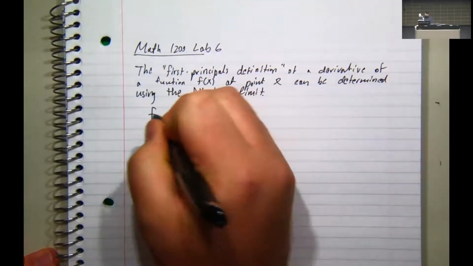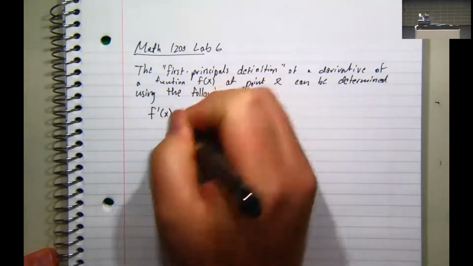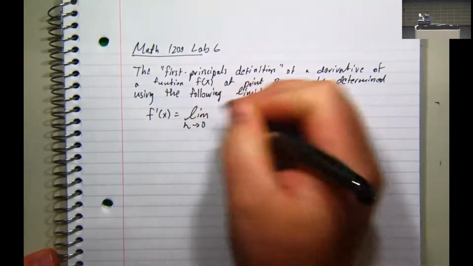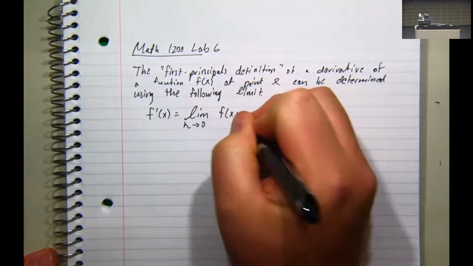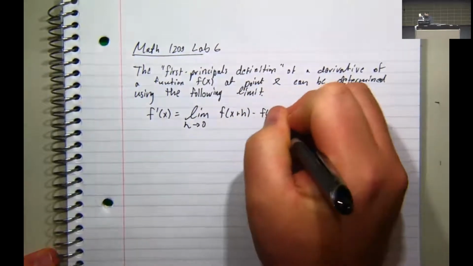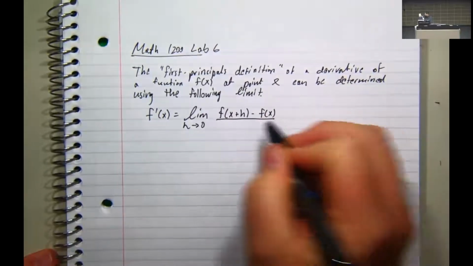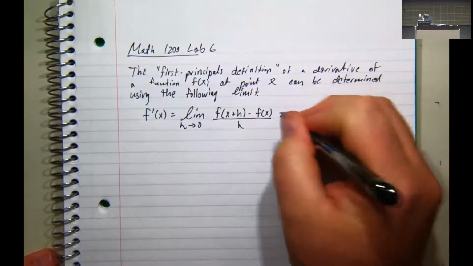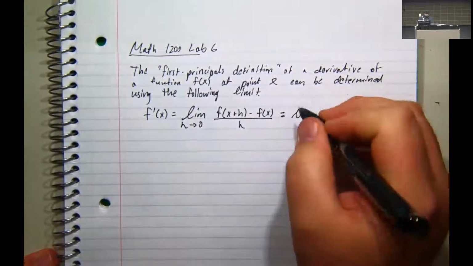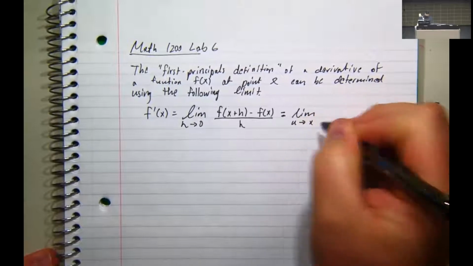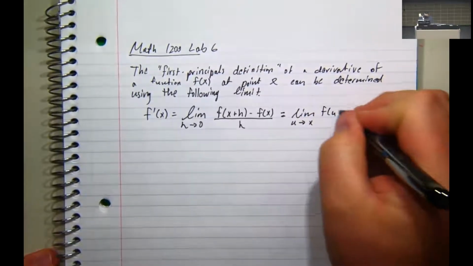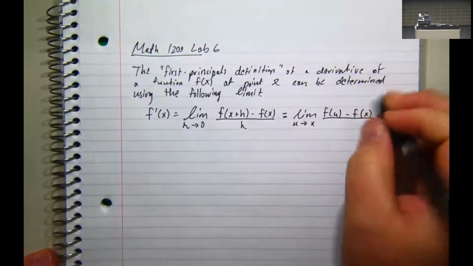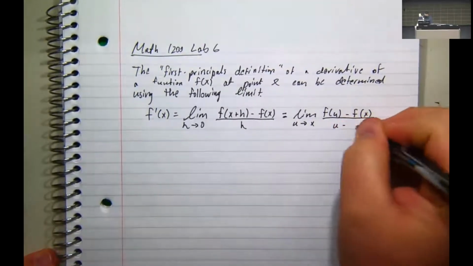So f prime at x is equal to the limit as h approaches 0 of f at x plus h minus f at x all over h, or written another way is the limit as u approaches x of f at u minus f at x all over u minus x.